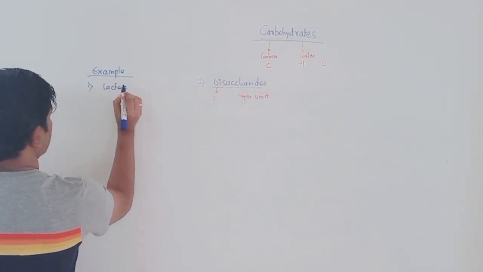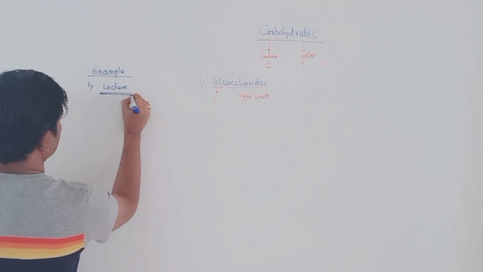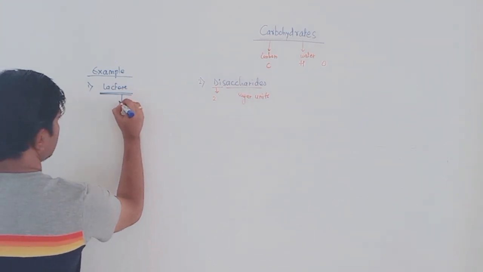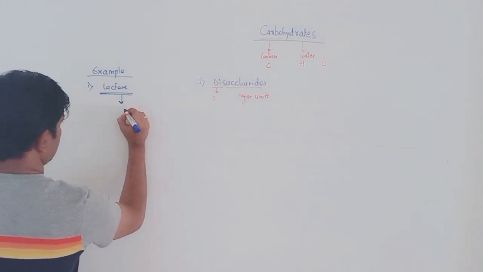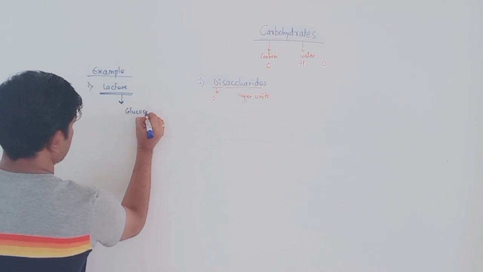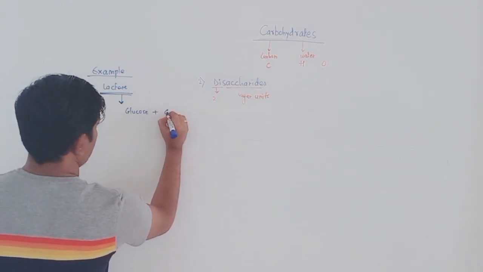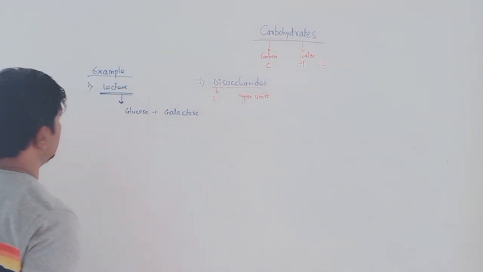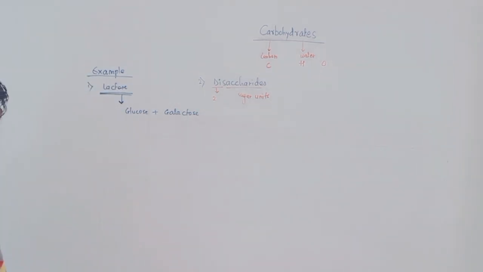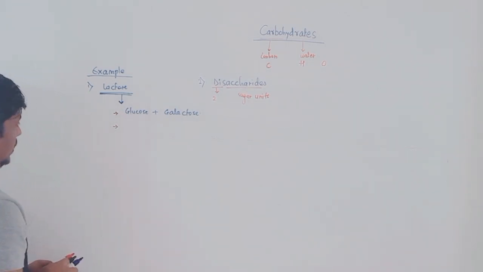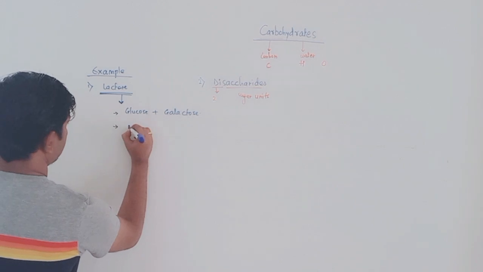Second example is lactose, which is formed by one molecule of glucose plus one molecule of galactose. Okay, and this lactose is present in milk.